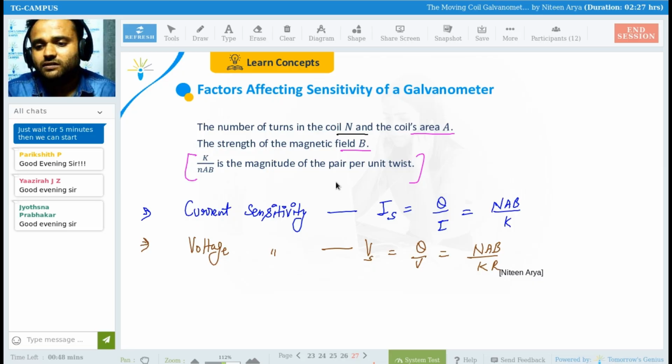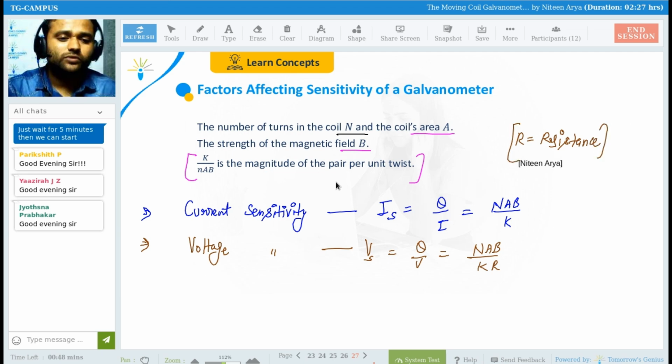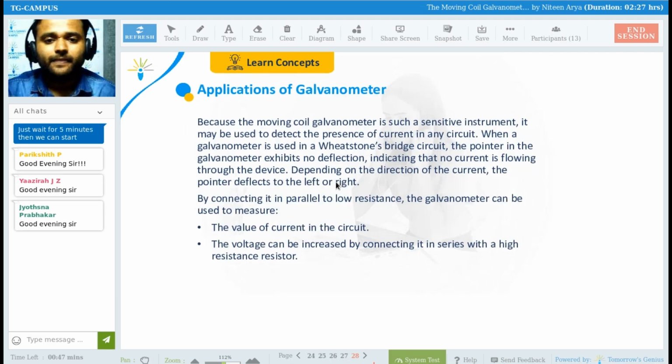R is resistance. So using this we can find these. It is obviously dependent on K, A, B, and R also, if we're talking about voltage sensitivity.